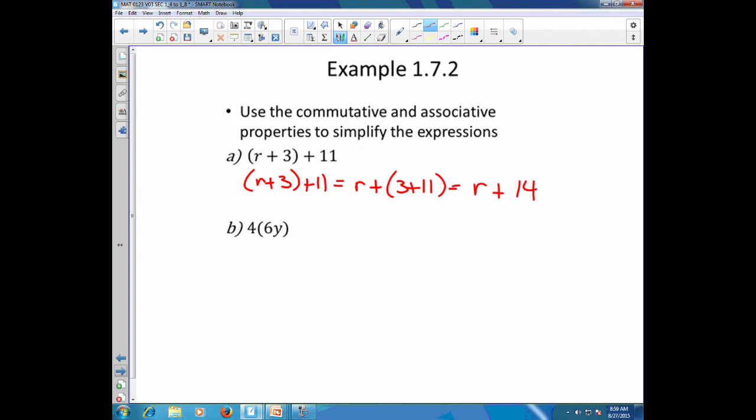And this would be your answer. We can do a similar thing down here. (4 times 6) times y. Well, we can rewrite that as 4 times (6 times y)... just by reordering it, regrouping it. 4 times 6 is 24 times y.